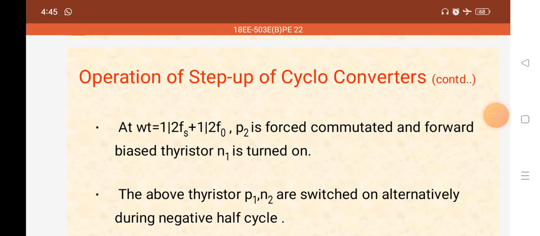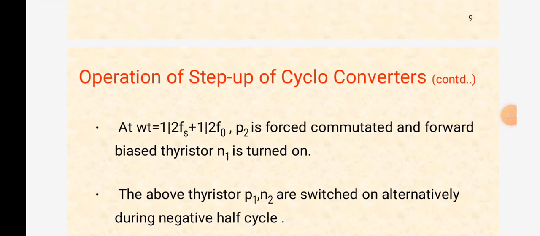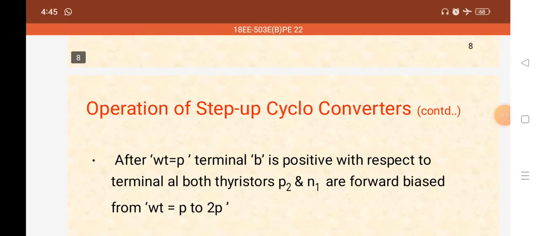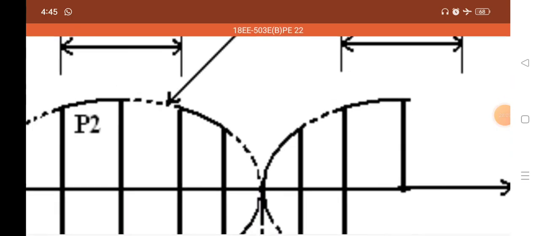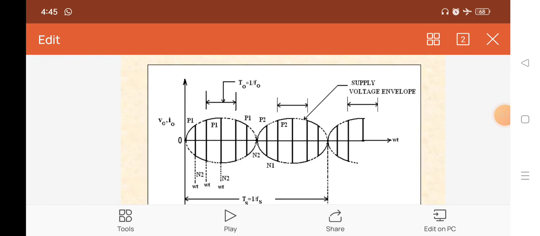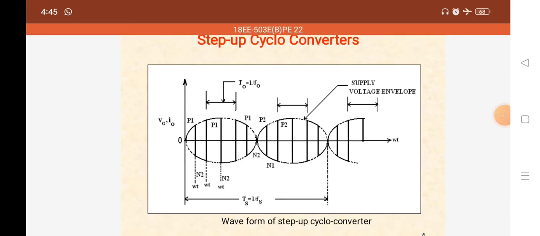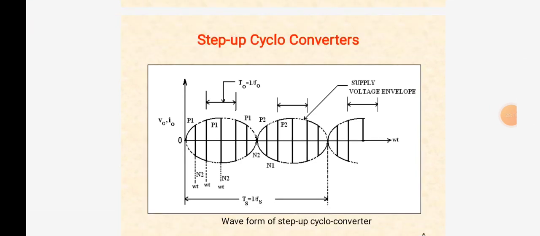So this is about the single phase center tapped cycloconverter. In step up cycloconverters, the single phase center tapped cycloconverter uses a step up transformer. In this type, the secondary winding of the transformer is provided with center tappings.